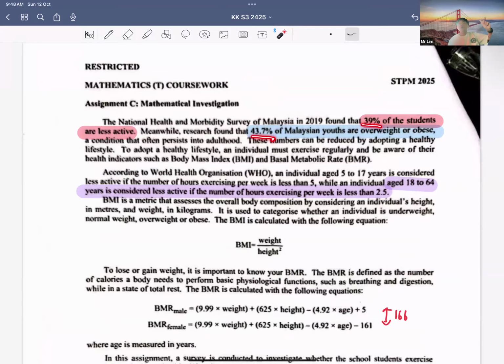You are going to test whether these two claims are correct or not based on a hypothesis test: whether 39% of students are less active, yes or no, more than that or less than that. And when they say 43.7% are overweight or obese, is this true or not? Based on your own findings, carry out another hypothesis test on it.